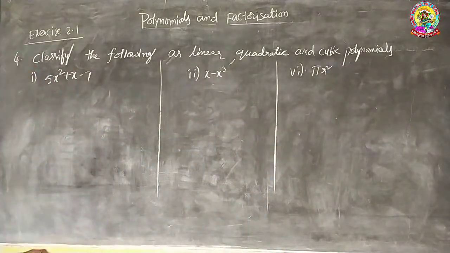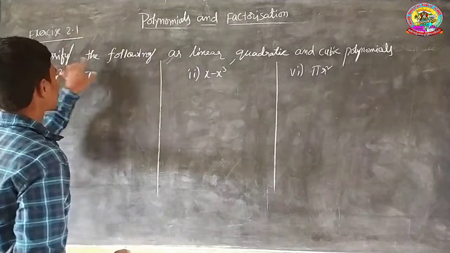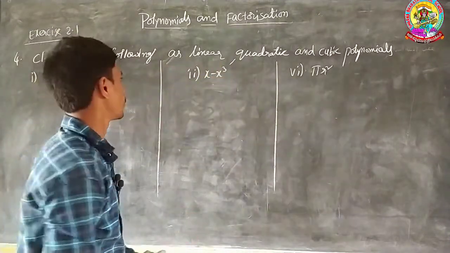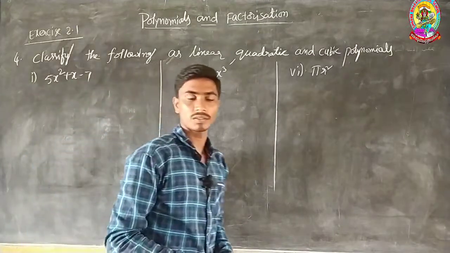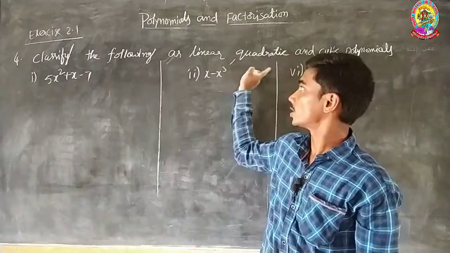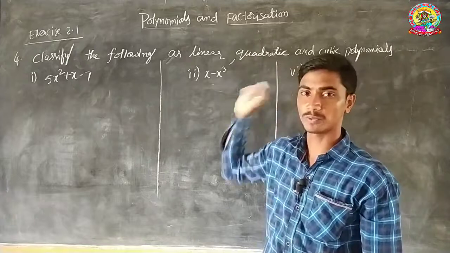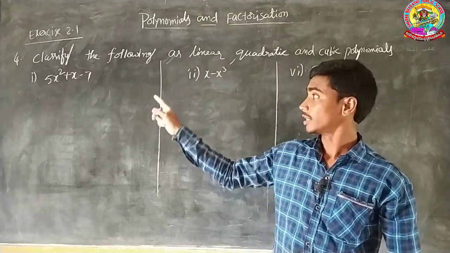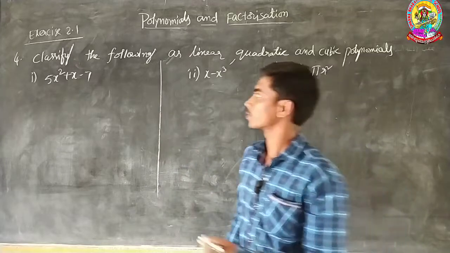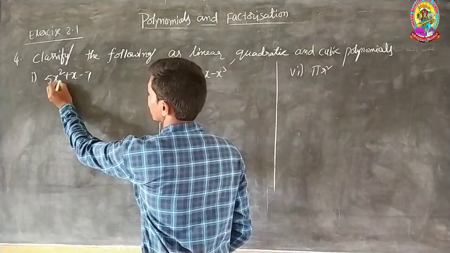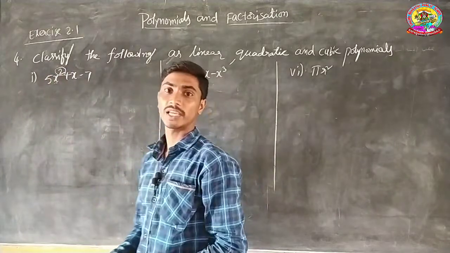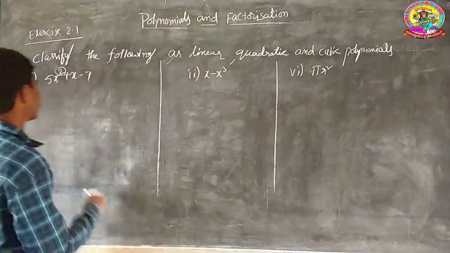The next sum from exercise 2.1 is to classify the following as linear, quadratic and cubic polynomials. How can we differentiate? We can differentiate the polynomials as linear, quadratic and cubic by understanding the degree of the given expression. Here the degree is 2. If the degree is 2, that is a quadratic polynomial.